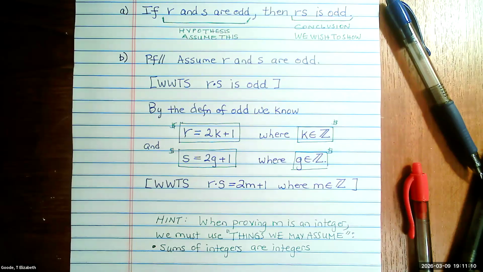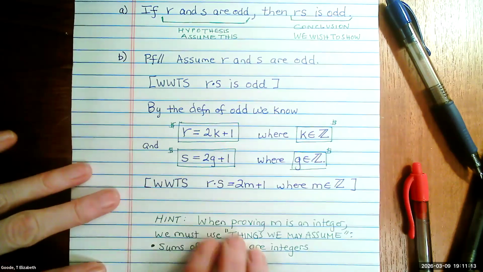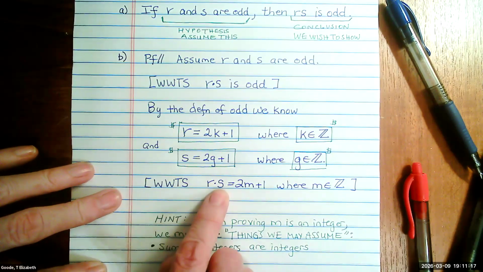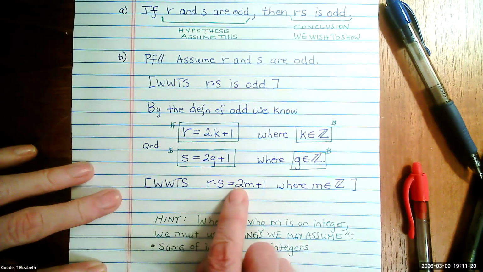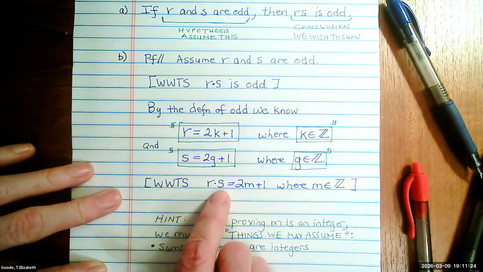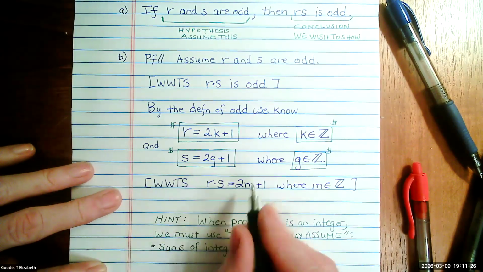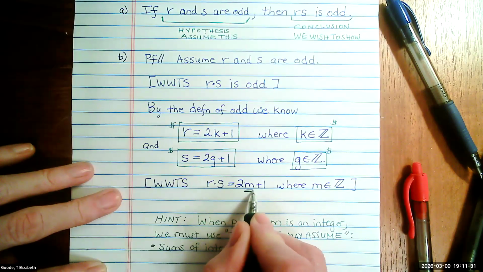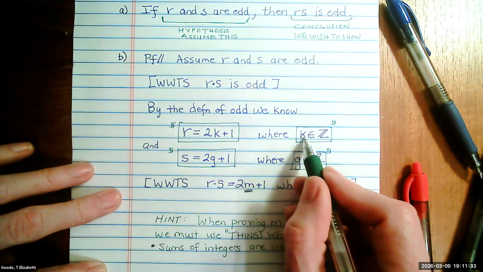But for the algebra part, the only thing I'm kind of confused about is the fact that here we're using variables and we're not using any numbers. It's okay because we're not going to get a particular odd number for RS. We're going to get an expression that shows RS looks like 2 times something I'm calling M here. It's not going to look like M. It's going to have K in it.